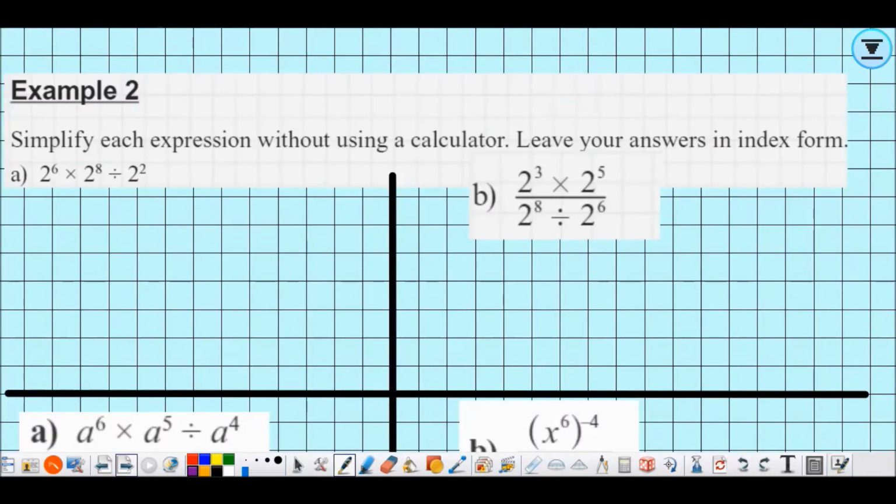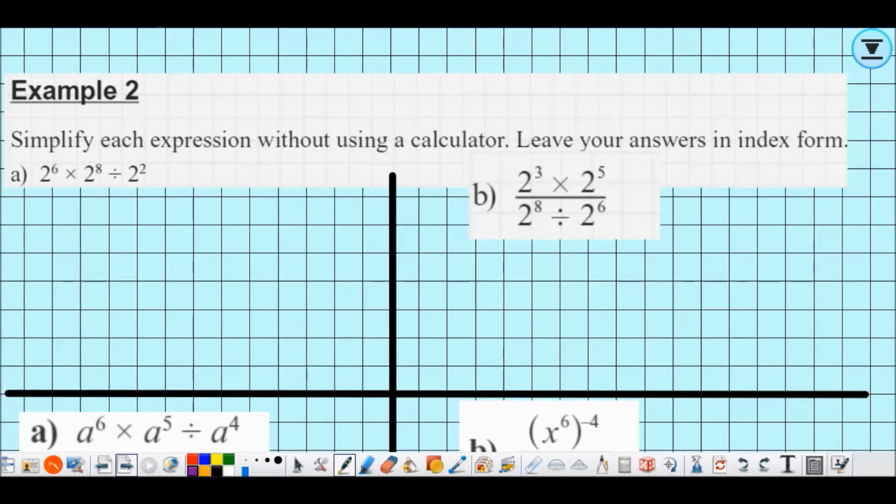Okay, let's look at if we've got them in a calculation, so we've got more than one calculation going on at any one time. Normally we'd use BIDMAS whenever you've got any calculations. So we're going to look at this, and remember when I multiply and divide, in BIDMAS divide comes before multiply. So I could follow that rule of doing the divide first. It's not going to make any difference to this particular function.